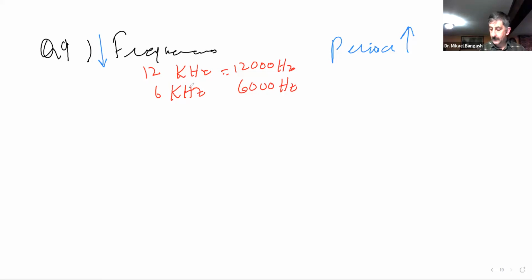Clear? The next one is 205 hertz. Well, let's do it here. If you want to express that in kilohertz, that's going to be, no, sorry, 0.25 kilohertz.